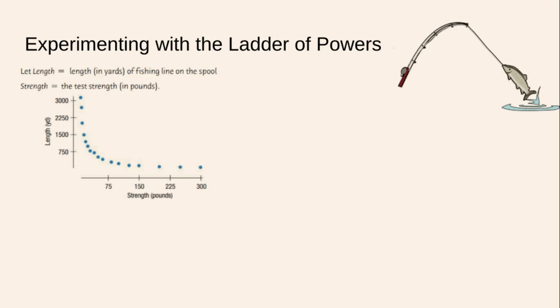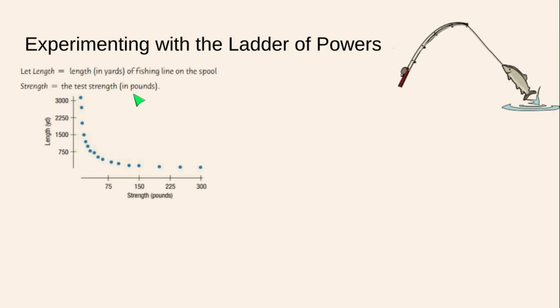Now we're going to experiment with the ladder of powers using our calculator. Here's a scatter plot that details the length of a fishing line on the spool and the strength. So if we were to fit a regression model to this, we'd be able to predict the length of a fishing line given the strength, the test strength, we would say in pounds, okay?